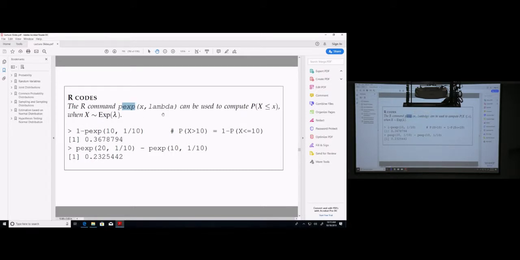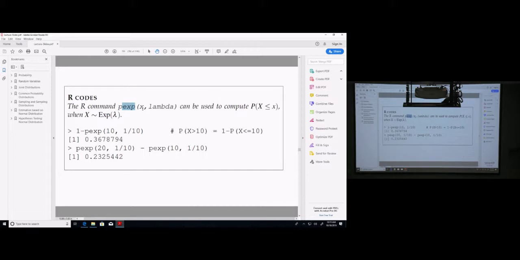And now, you don't need to type in the word lambda, but if you type in the word lambda and then equal to certain things, then the position of where you put it, whether it's the second coordinate or the first coordinate, doesn't really matter because you have already told R that this is the lambda.